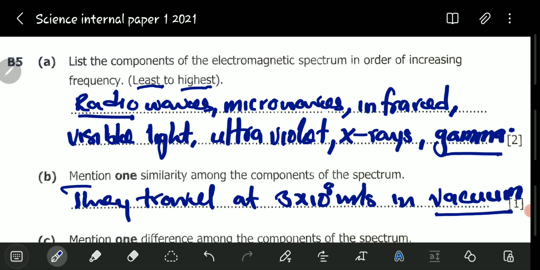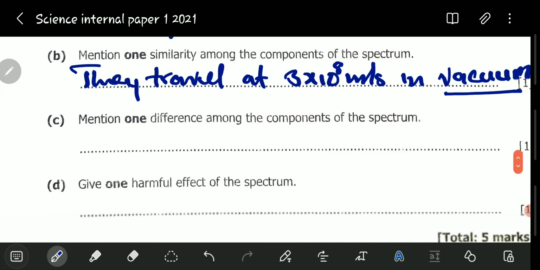The frequency of radio waves is different from the frequency of microwaves. The wavelength of radio waves is different from the wavelength of microwaves, and so on. The other thing is that they have different energies. We said that gamma rays are the most energetic and radio waves are the least energetic, meaning that if energy is dependent on the frequency, different frequencies mean different energies.